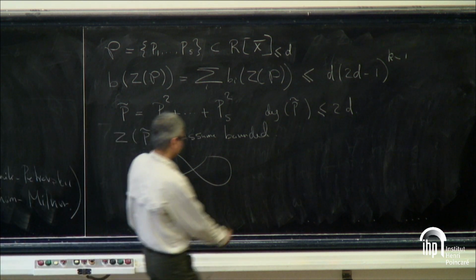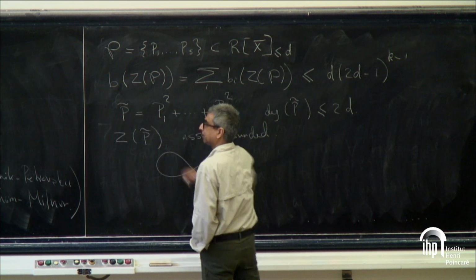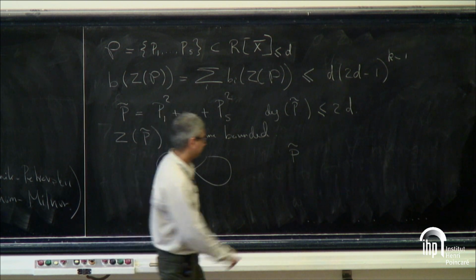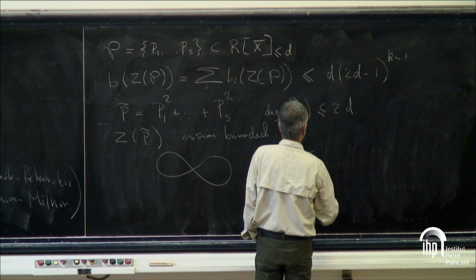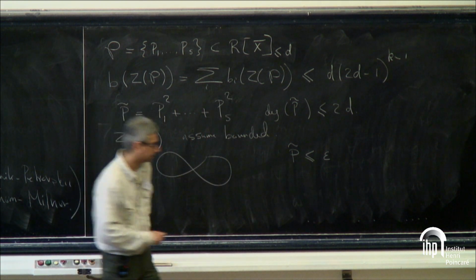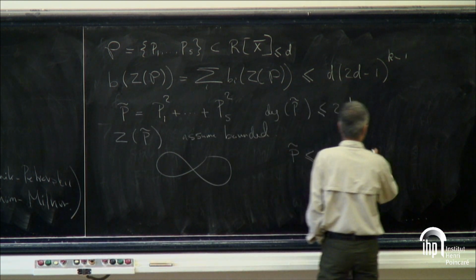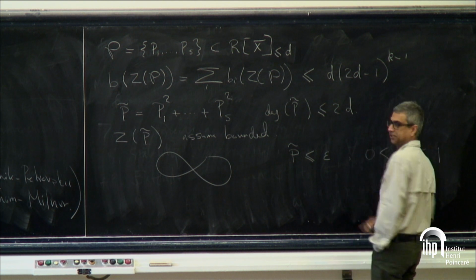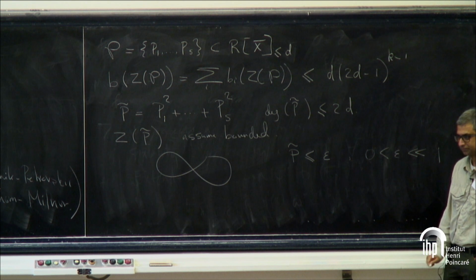Namely, since this is a non-negative polynomial, I can replace this by the semi-algebraic set, which is kind of a tube around the variety. And here epsilon is small enough that you can even think of it, in this model theory conference, as an infinitesimal.